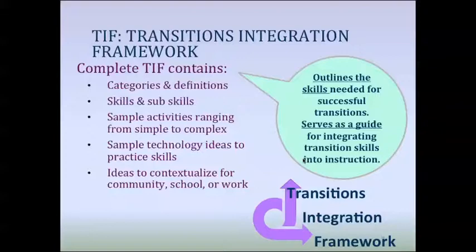Sample activities that you can use in the classroom from simple to complex, technology ideas from simple to complex, and then ideas for contextualization for community school or work. And you do have a link to the full TIF in your materials folder. You do not need to get that right now, but it's there. And it's also on the ACES website.